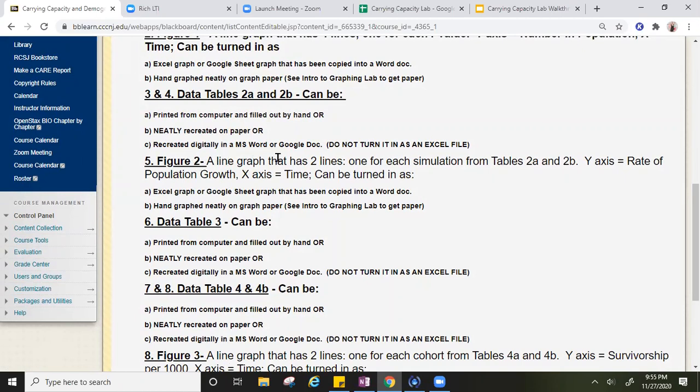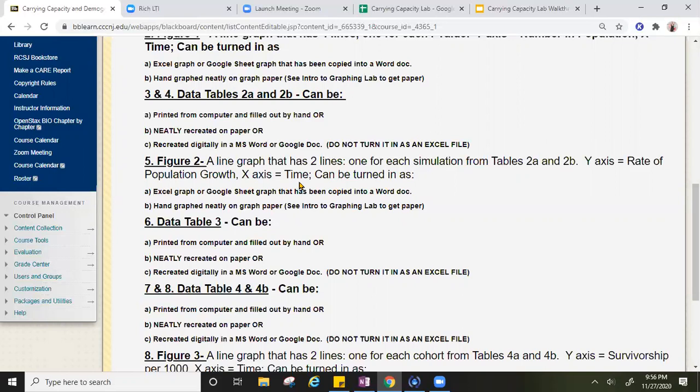Figure 2 is a line graph that has 2 lines, one for each simulation from tables 2A and 2B. Your y-axis is going to be your rate of population growth, and then your x-axis is going to be time.